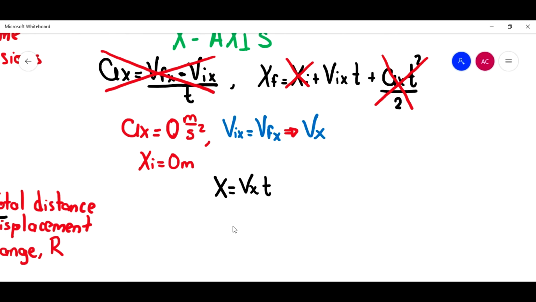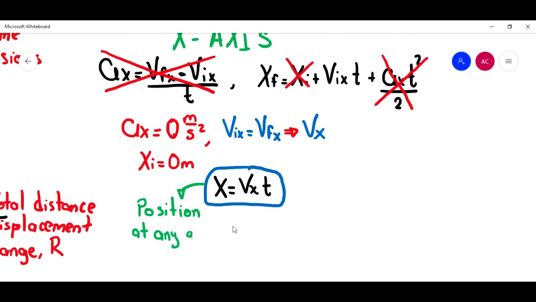So this is going to be the first equation that I'm going to write. And if you want to write position or displacement or distance or range, position at any given time. Okay, I hope I made myself clear.